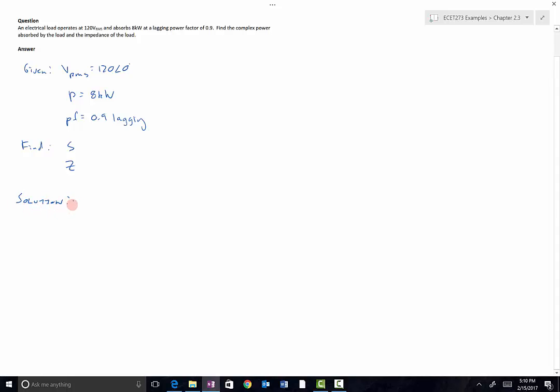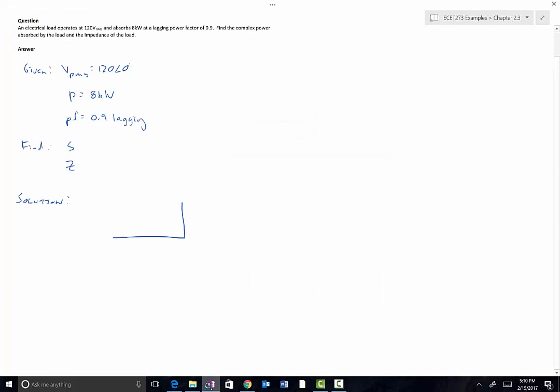The solution to this, like so many problems in power engineering, is probably most easily solved by drawing a power triangle. The base of the power triangle represents P, the height represents Q, and the hypotenuse represents S: real power, reactive power, apparent power, in watts, vars, and voltamps.